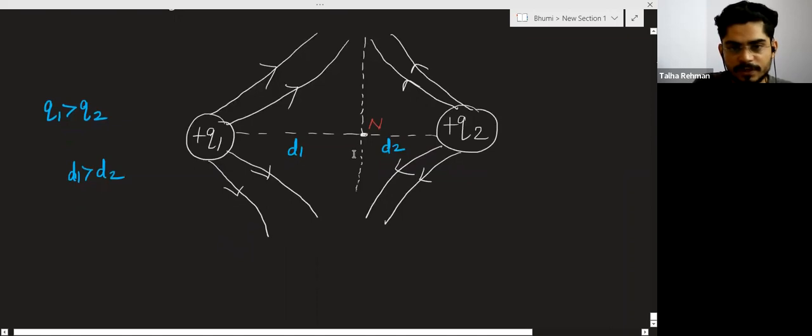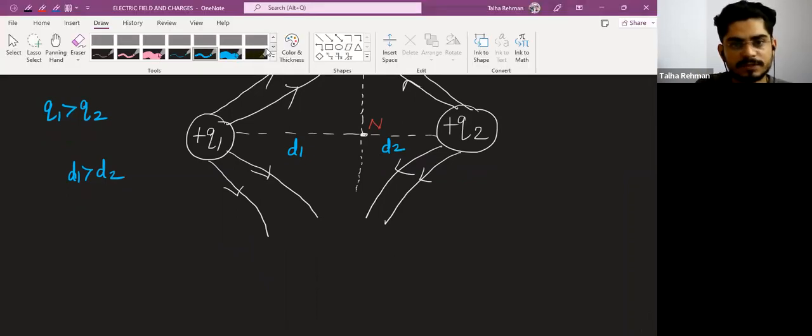So now we will draw the electric field line due to two unequal opposite charges.